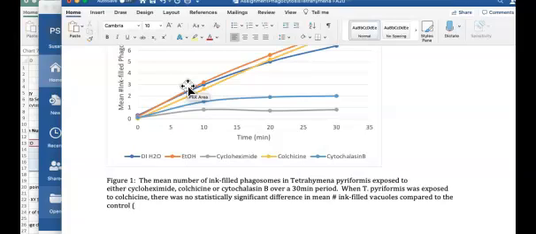And tell your audience, tell your reader what that control was.